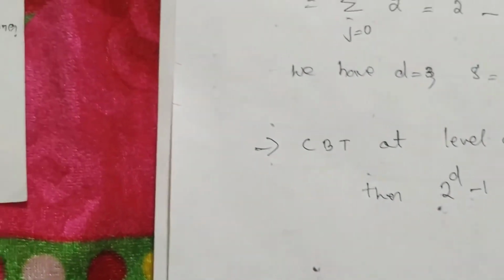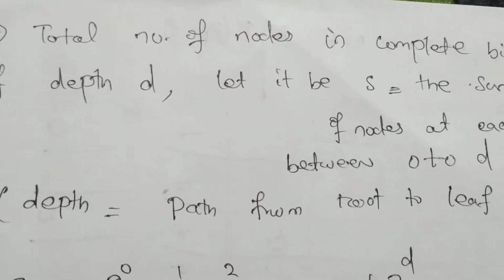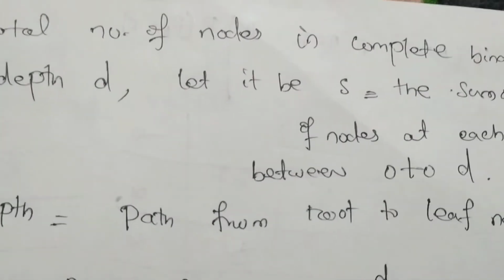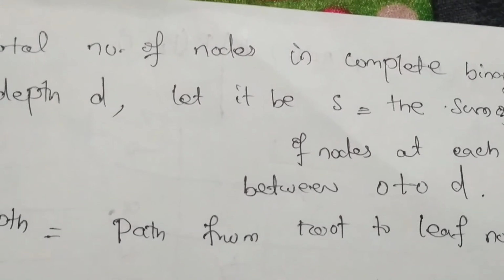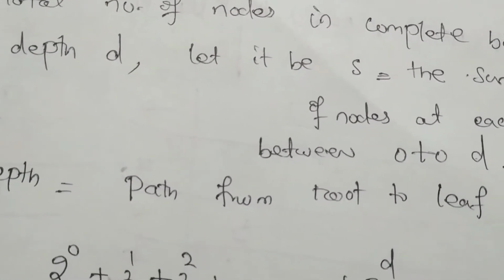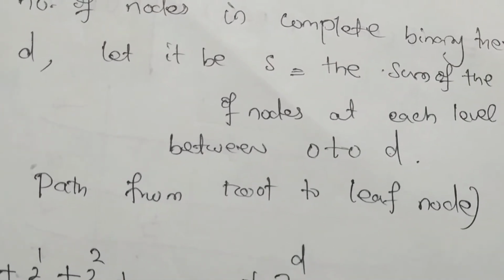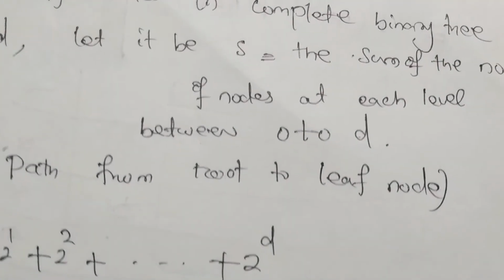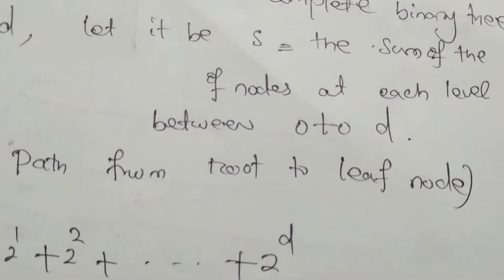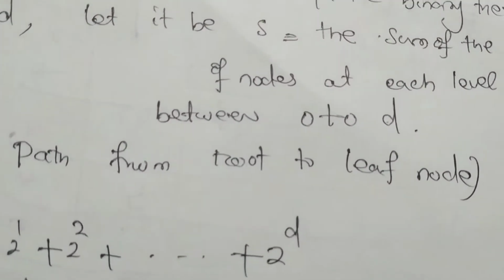So now how to calculate the total number of nodes present in a complete binary tree? There is a formula: total number of nodes in a complete binary tree of depth d, let it be s. We have considered it as s. So s equals the sum of the number of nodes at each label between 0 to d.